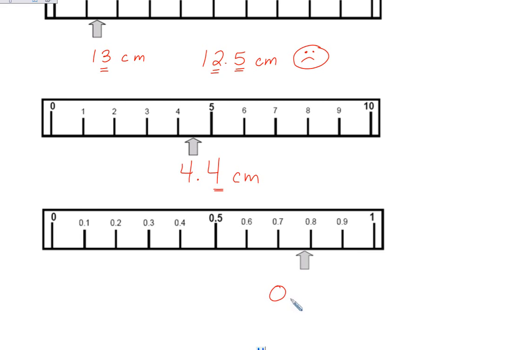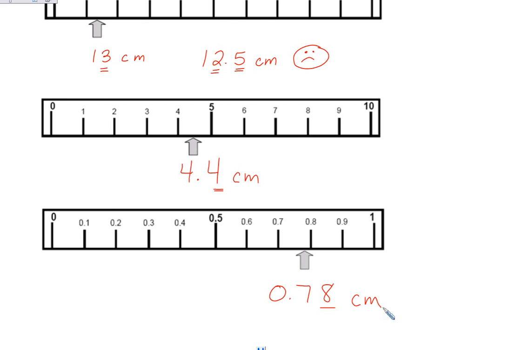So I know 0.7. I think it's closer to the 0.8, so I still get one estimate. I don't know, maybe it's an 0.78 centimeters. The kid next to me put 0.79, 0.77. Those would all be perfectly acceptable.